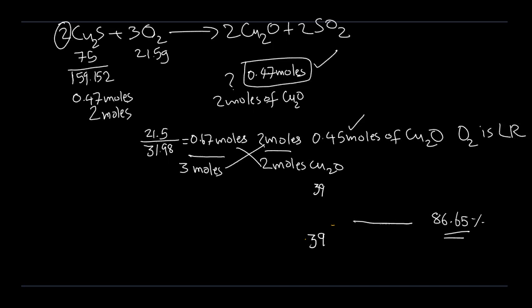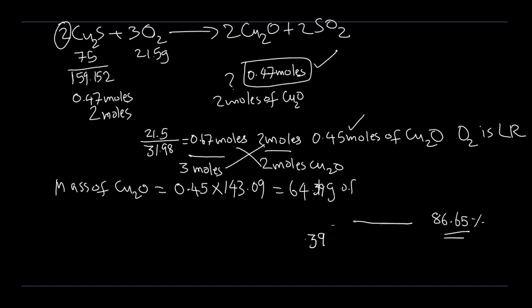To find the mass of copper 1 oxide formed, we will just multiply the number of moles with the molar mass. So the number of moles we have to take is for the limiting reagent, because that decides how much product it will form. So 0.45 times the molar mass of copper 1 oxide, 143.09, that equals 64.1 grams of copper 1 oxide.